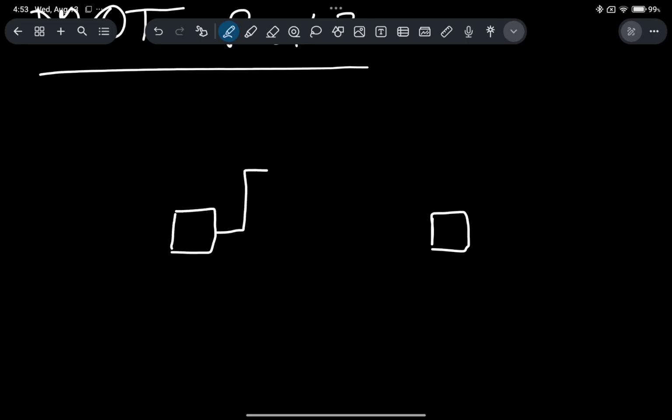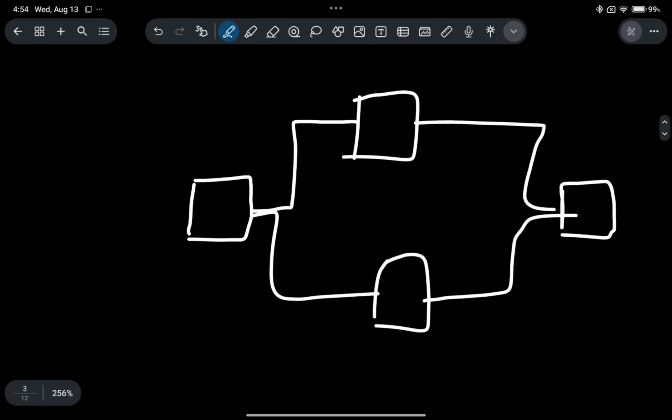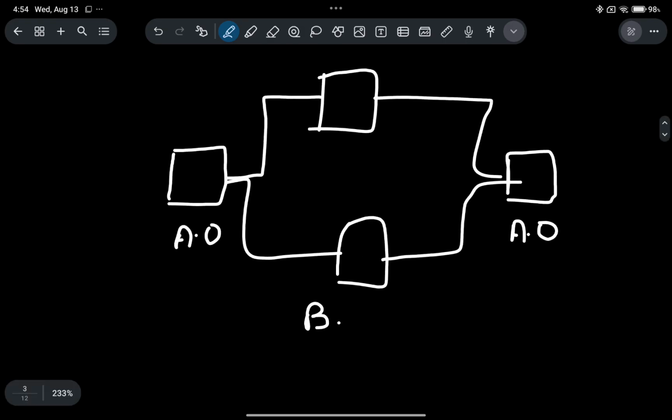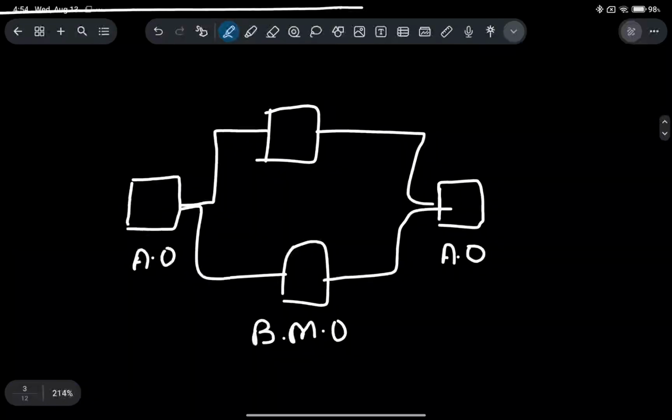By combining this, we get a molecular orbital. This is an atomic orbital, and this is also an atomic orbital. This is the bonding molecular orbital, which we already understood in the before class. This is the anti-bonding molecular orbital.